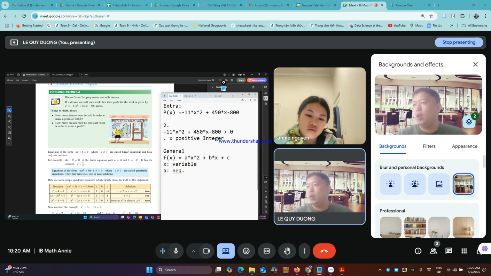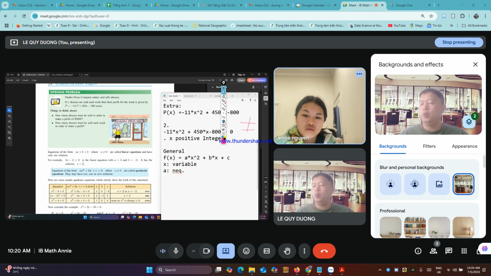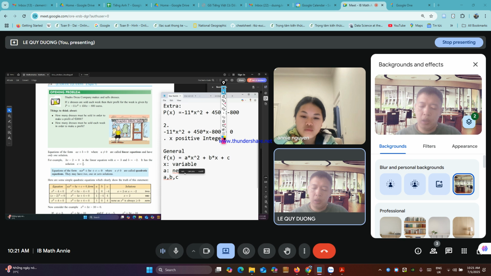In how people write it, it's like this: a not equal to zero. I don't want to write too much because it's online. And a, b, c are constants, so they don't change.